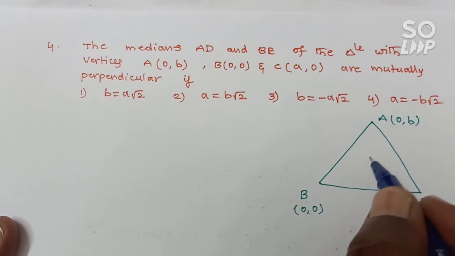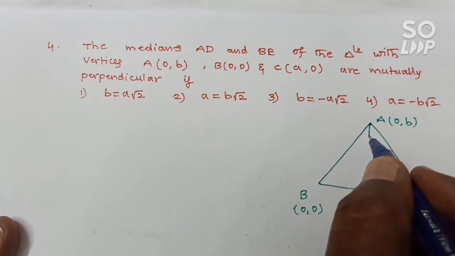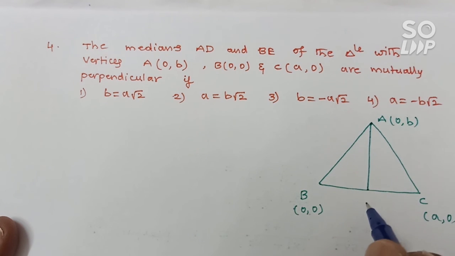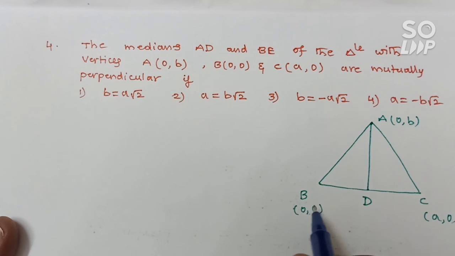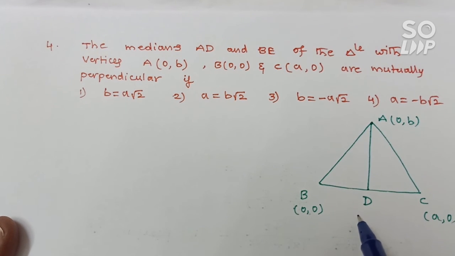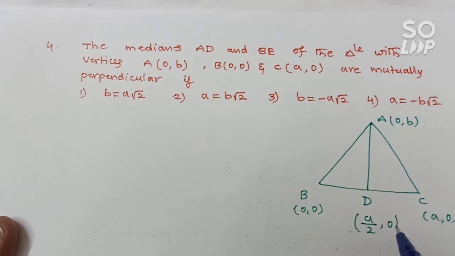One median is AD. What is meant by D here? D is the midpoint of BC. So what is the midpoint of BC? x1 plus x2 by 2, that is a by 2 comma 0, is D.